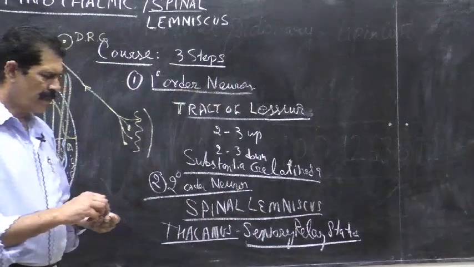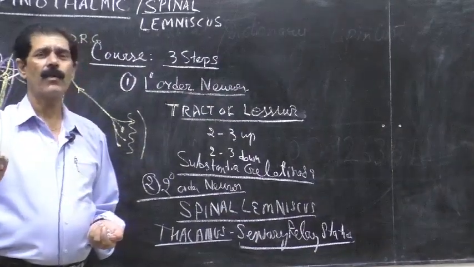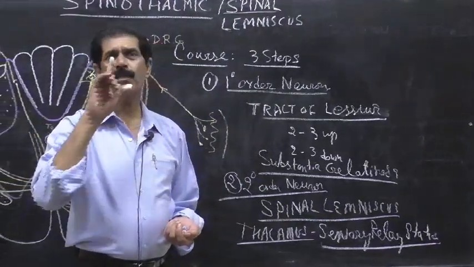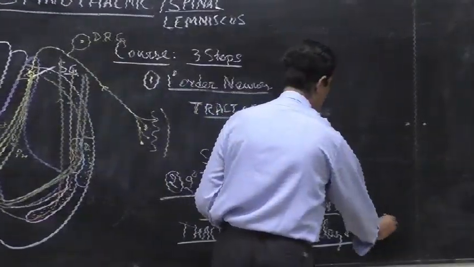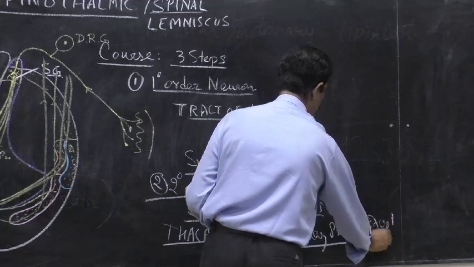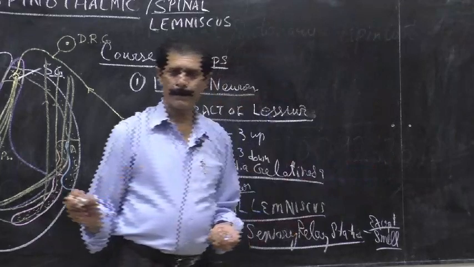What do you mean by the sensory relay station? It means all types of sensations of the human body, general as well as special, except the smell, have to pass through the thalamus to reach the conscious level of the brain.